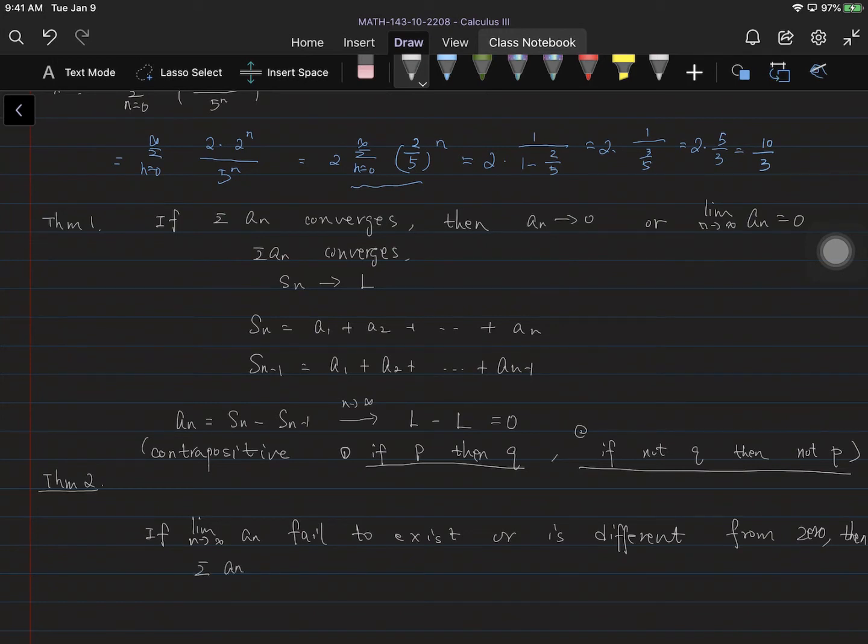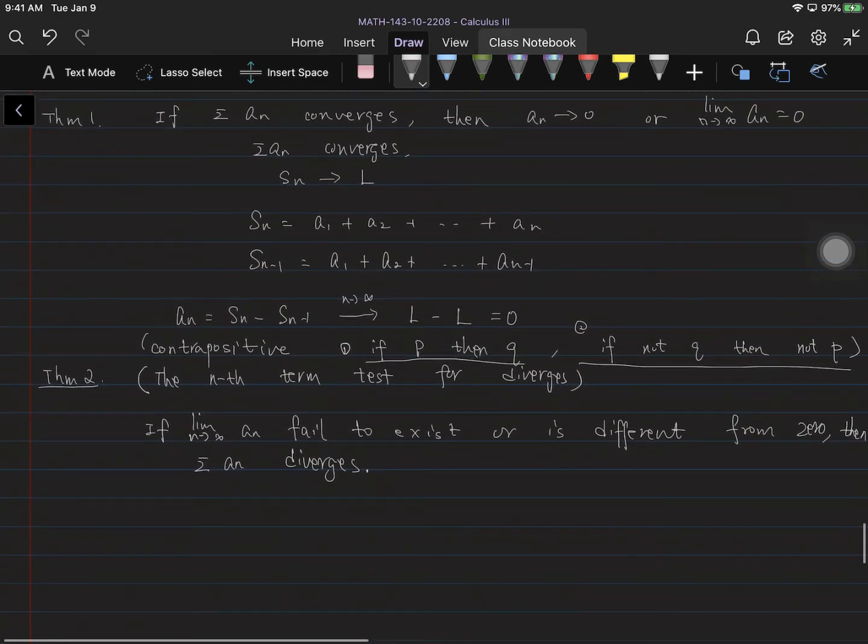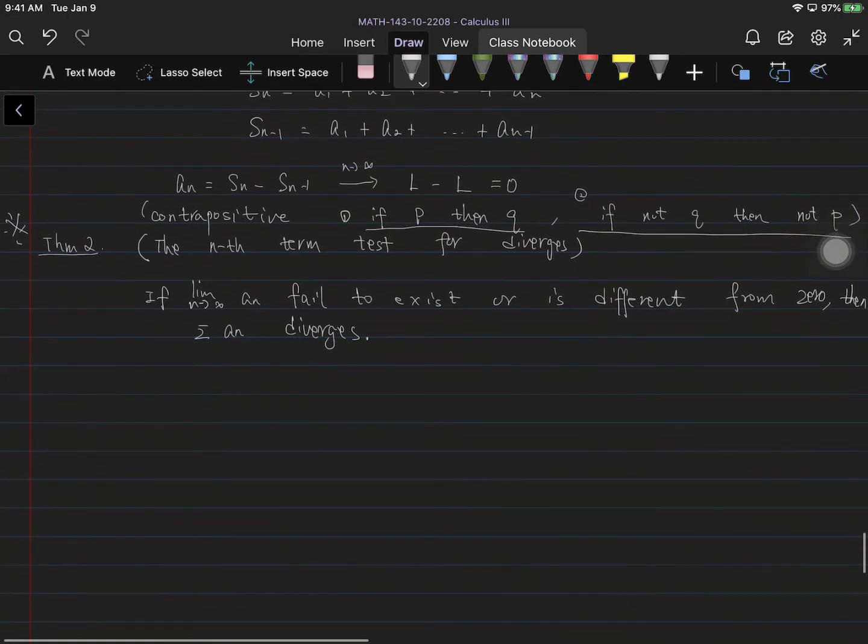Then we say the series diverges. Okay, this is called the nth term test for divergence. We use this theorem a lot. Actually, the second theorem is more important than the first one. Let's take a look at the examples.